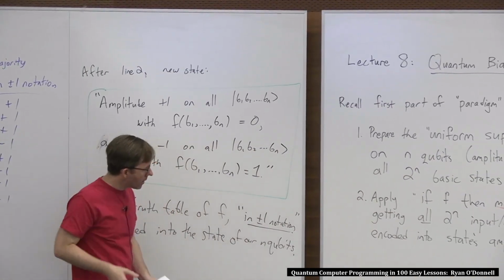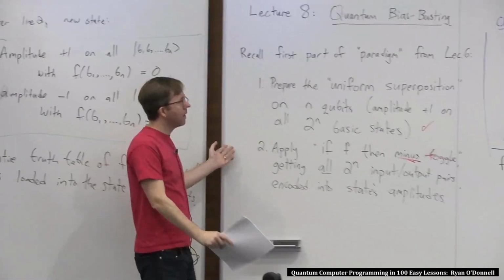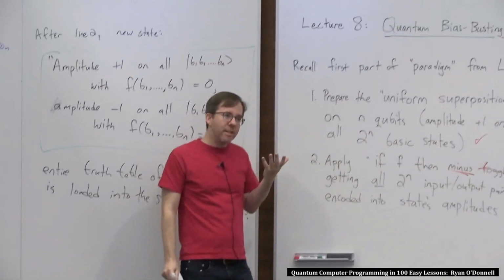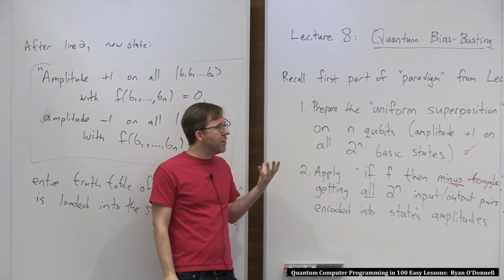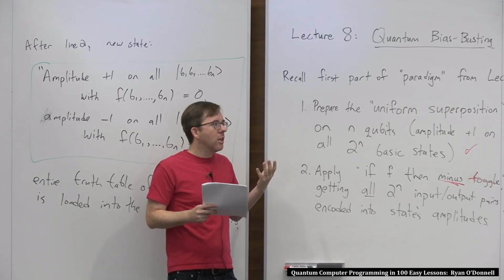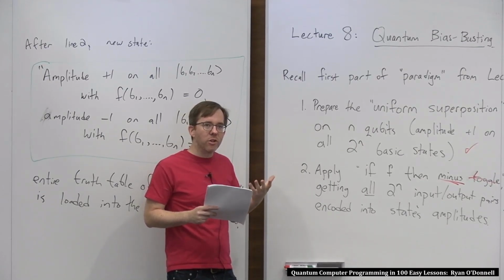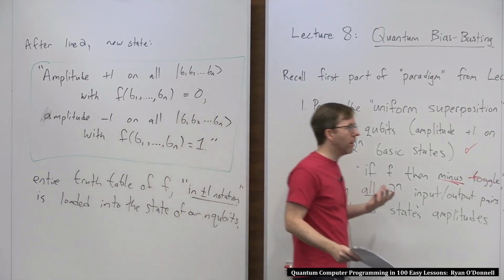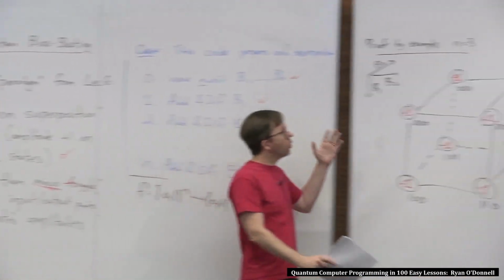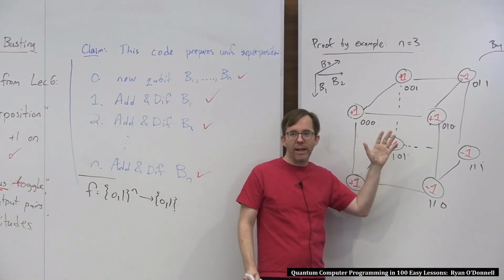So as I maybe mentioned back in lecture 6, and this is a bit vague, somehow what we need to do is use the glorious power of interference, or cancellation. Some of these are positive and some are minus.